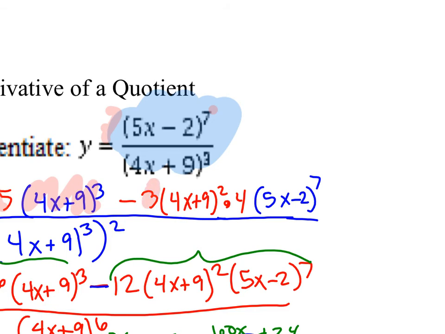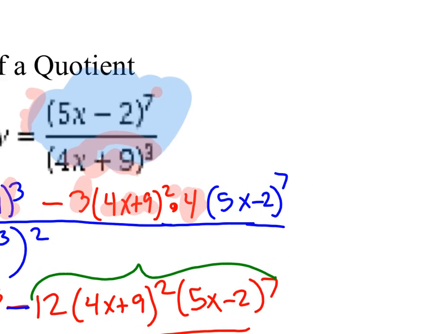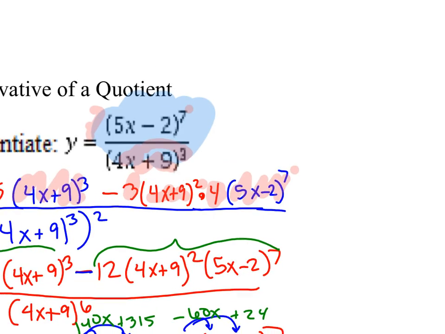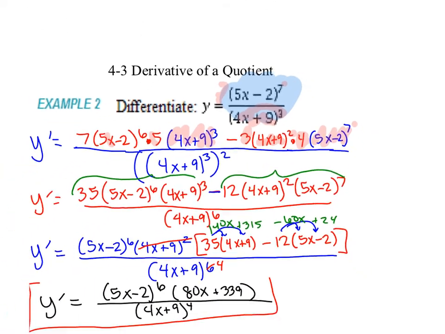You move the 3 up front, derivative of the bottom, and then (4x plus 9) is squared now, because 3 minus 1 is 2, times 4, the derivative inside, and then times the top, (5x minus 2) to the 7th power, divided by the bottom squared.